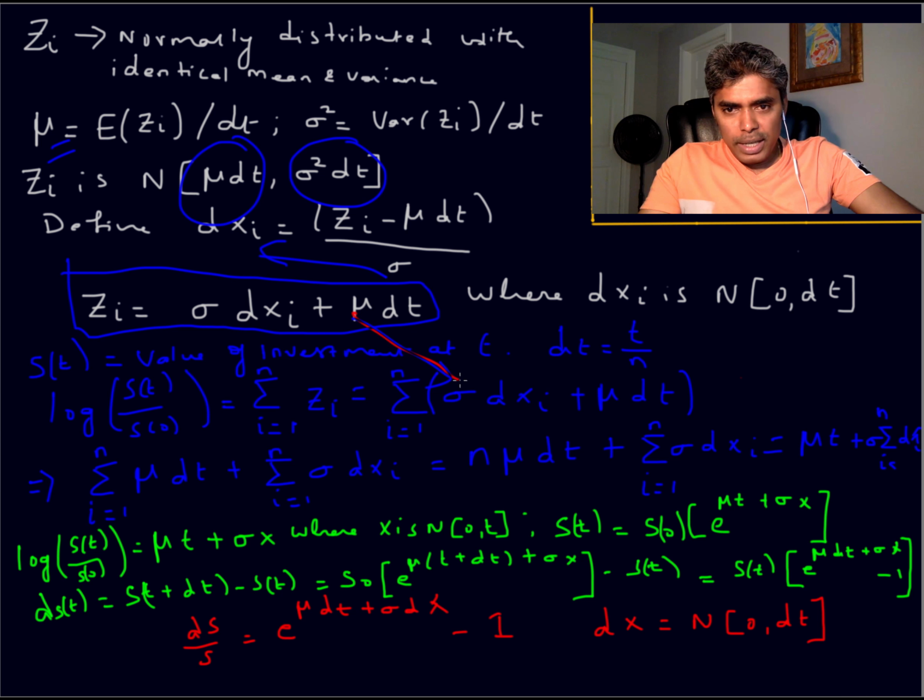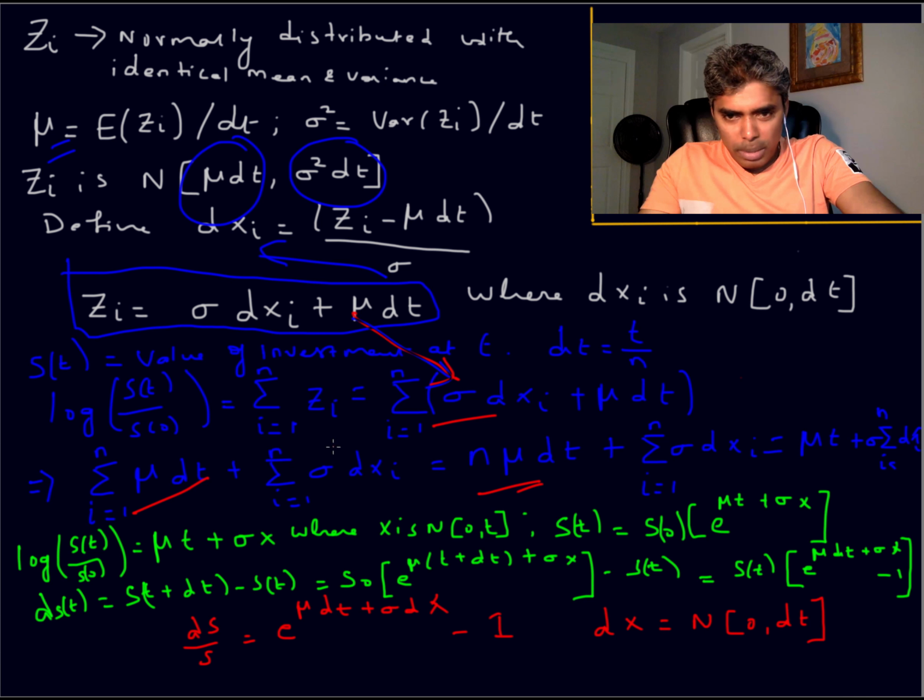As I'm substituting zi here, it is a summation of sigma dxi plus mu dt. Then I'm going to split the summation between these two variables. In the summation of mu dt, you are basically adding mu dt n times, so it is nothing but n times mu dt. So that's what I did here.